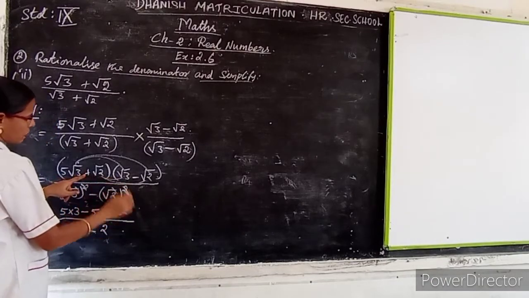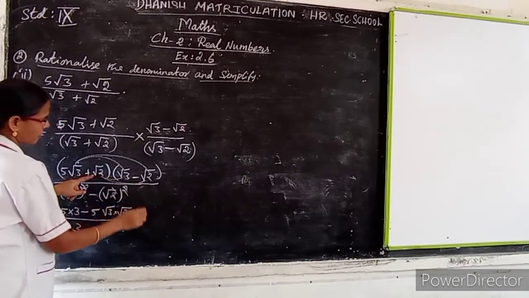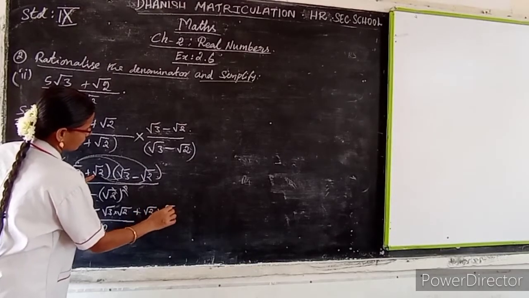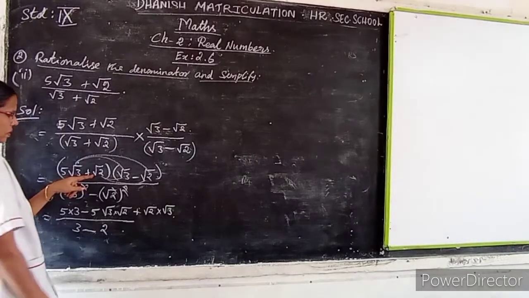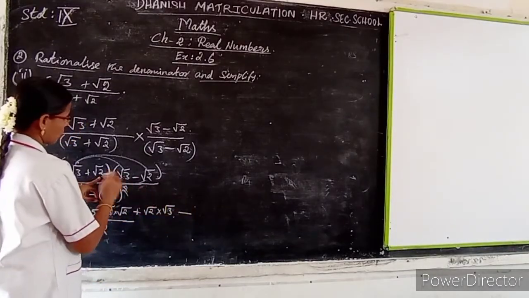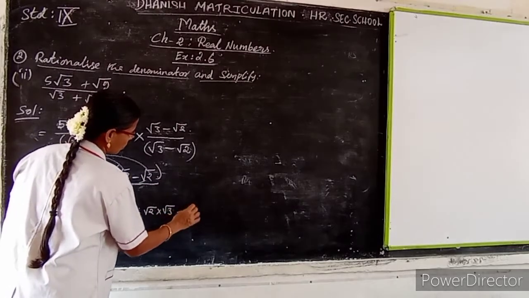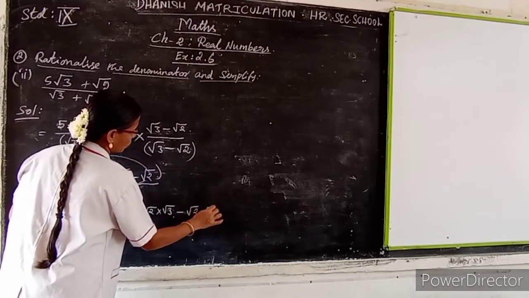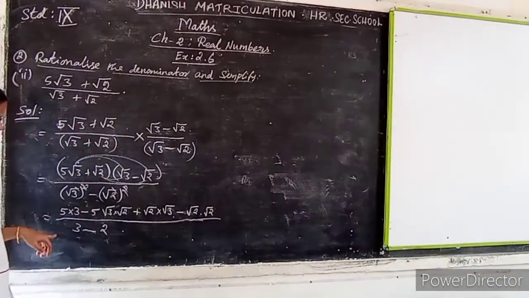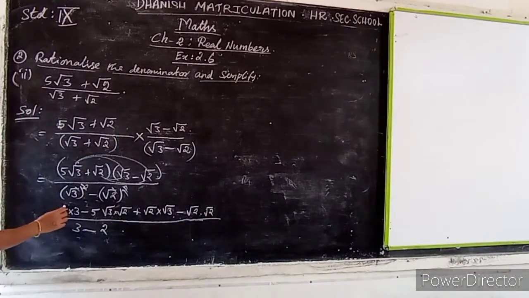Now plus into plus is plus, root 2 into root 3. Plus into minus is minus, root 2 into root 2, divided by this denominator. Now simplify.